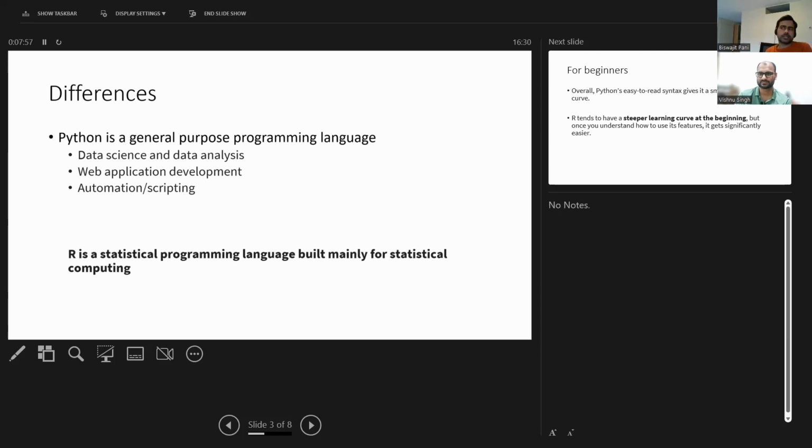But that's not the case with R. R had a very different purpose when it was created. In the 90s, I think in 1992, it was created at some university in New Zealand, if I'm not wrong. It was created by statisticians, so it was developed for statistical analysis and not intended for, let's say, web application development or front end development.